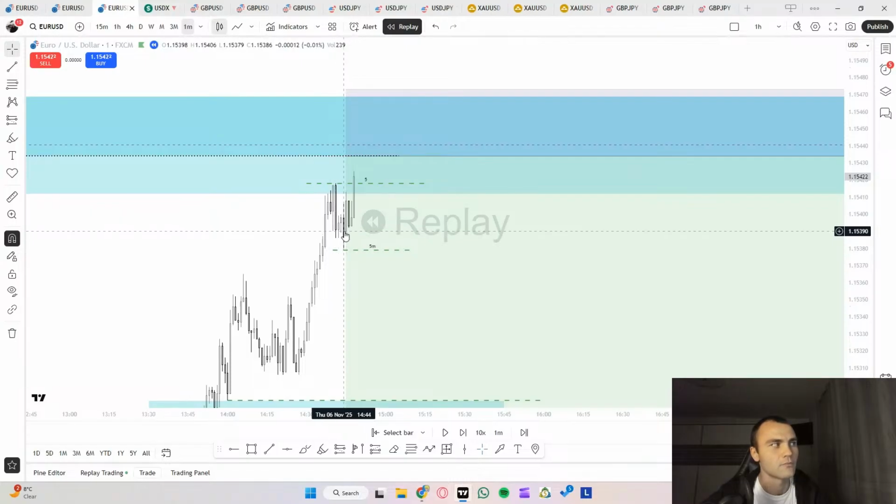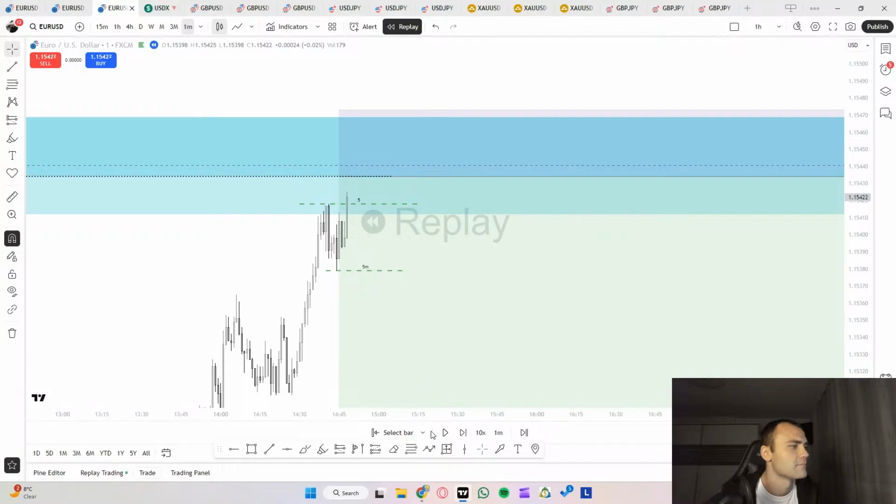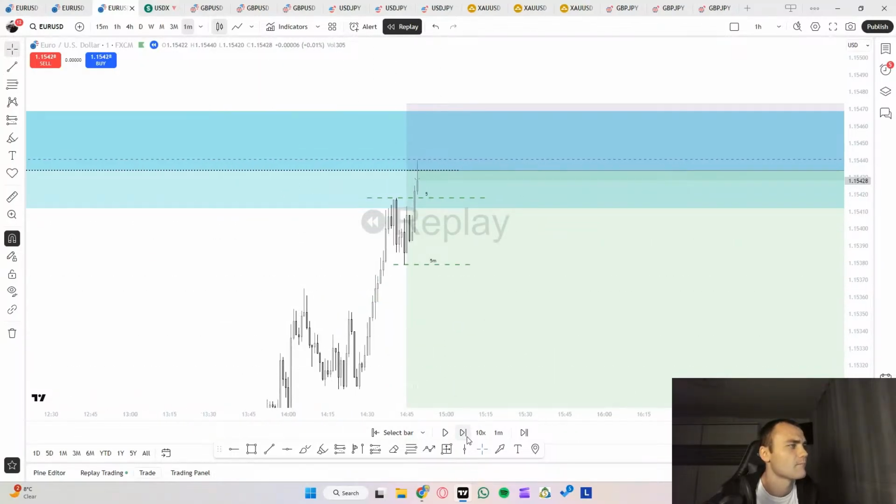I thought to buy when I saw the 5 minute chart. So I basically bought right when this happened, and this was the B trade, I'll say, right? And then this happened.